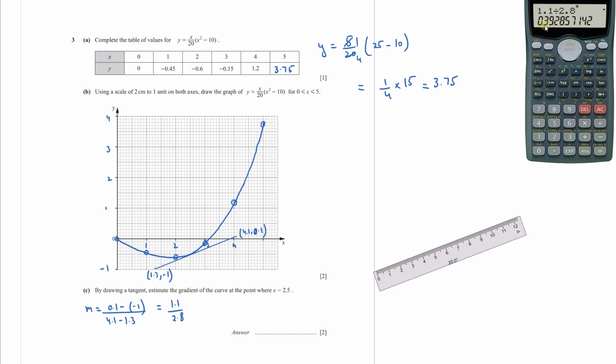So I will write it up to 3 significant figures because this is what the question paper states right at the start, that non-exact answers you have to write up to 3 significant figures. I think for angles you have to write up to 1 decimal place, but any other non-exact answers, you have to write up to 3 significant figures. So this will be 0.393. So this will be your gradient of the curve at x equals 2.5.